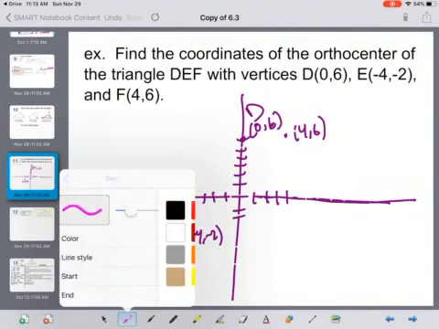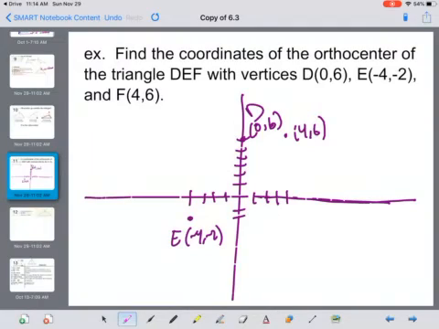So when I graph this triangle, in order to find the orthocenter, I need to find out where 2 of those altitudes intersect.